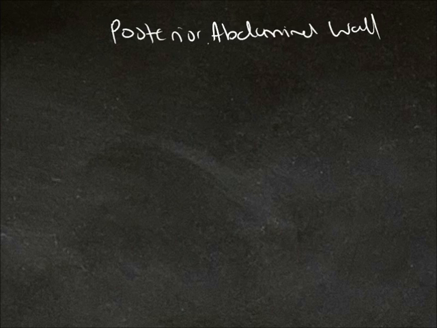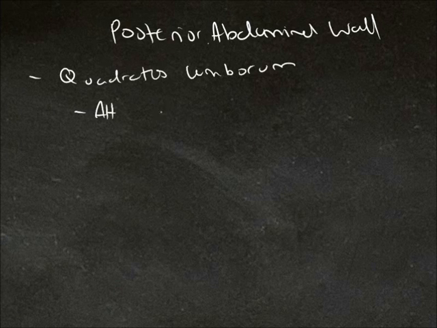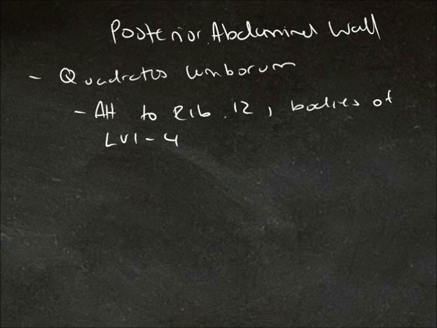Let's move on to the posterior abdominal wall. We have Quadratus Lumborum, and it is attached to rib 12, bodies of lumbar vertebra 1 to 4, and the iliac crest.